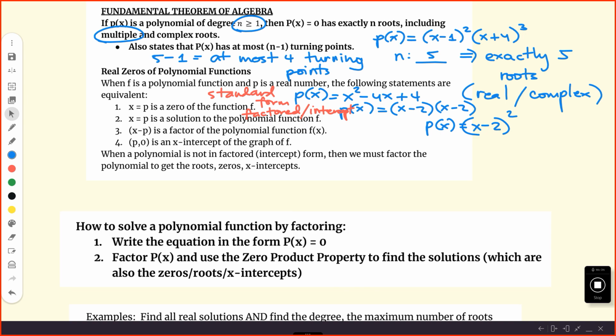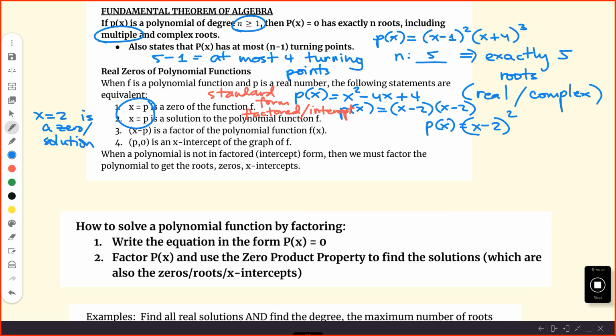But then if we're going to write the zeros, I can write this as x equals 2, right? So this is a zero or solution. So remember this format. If you have x equals p, that's your form for the zero or solution. So zero and solution mean the same thing, okay?